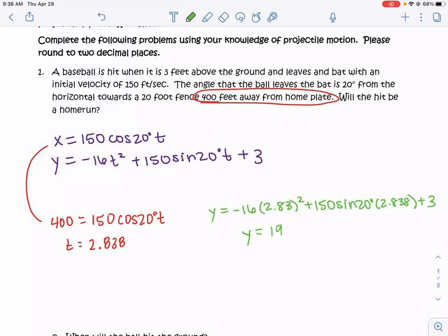You're getting 19.73. So, okay, feet. That is less than 20.